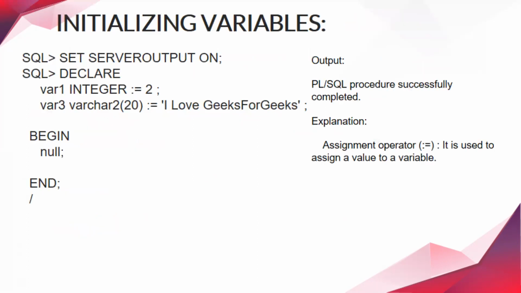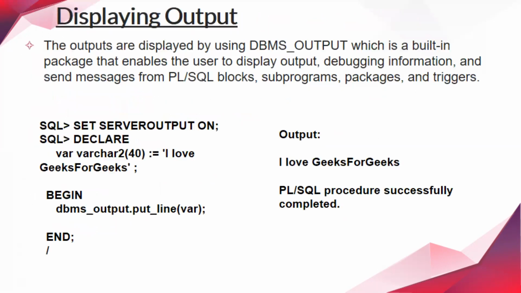This is an example for your variables and displaying output. Whenever you want to display output, that comes under your executable statements. For displaying output, you have to use dbms_output.put_line.